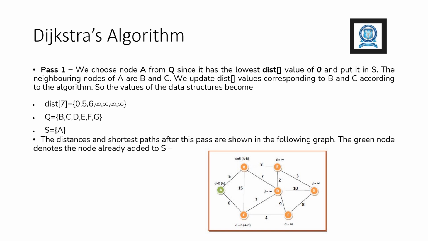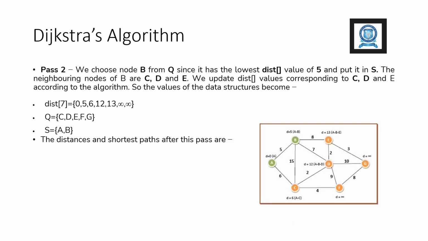So the values of the data structures become dist = 0, 5, 6 and all other elements are infinite. Q = B, C, D, E, F, G and S = A. The distances and shortest path after this pass are shown in the following graph. The green node denotes the node already added to S.